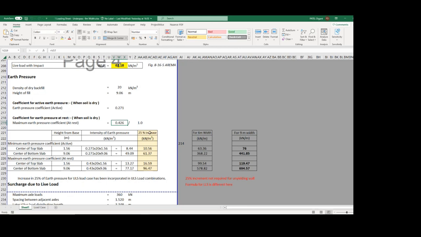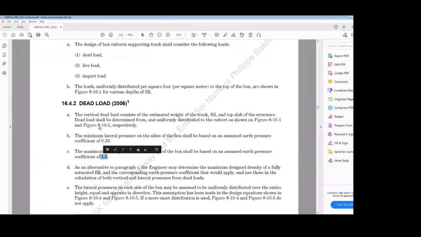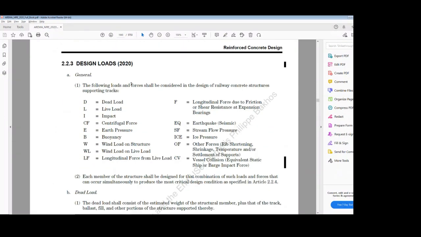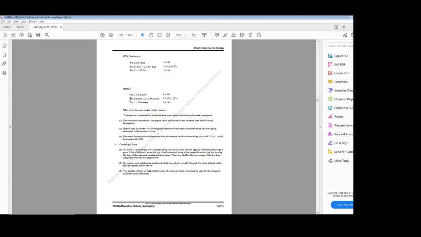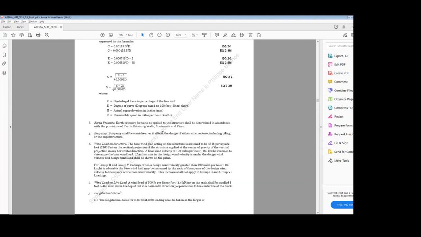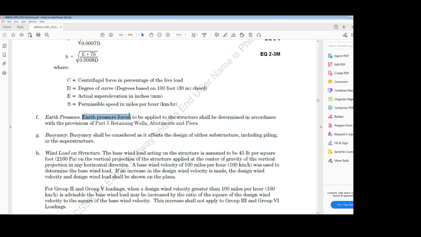Okay, for other than culvert structures, the code also specifies, here in chapter 5, that earth pressure force to be applied to the structure shall be determined in accordance with the provision of chapter 5.